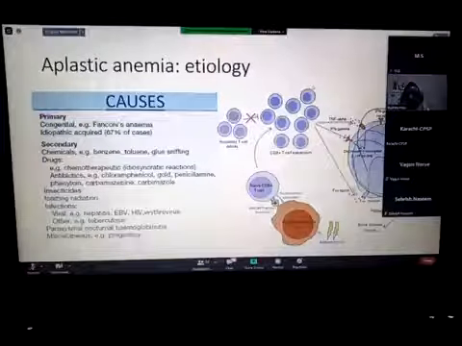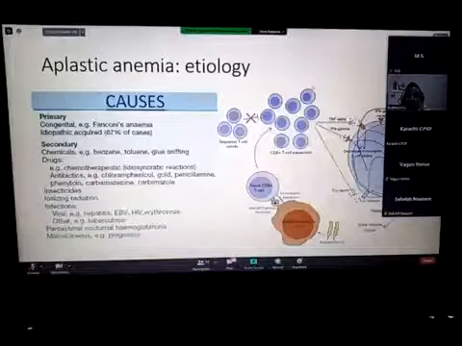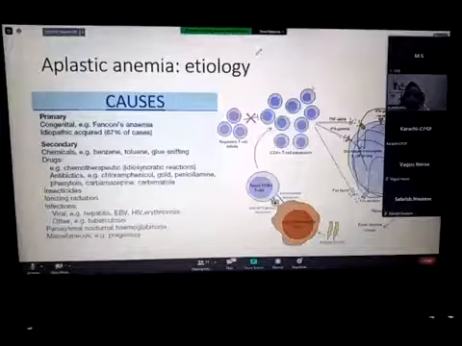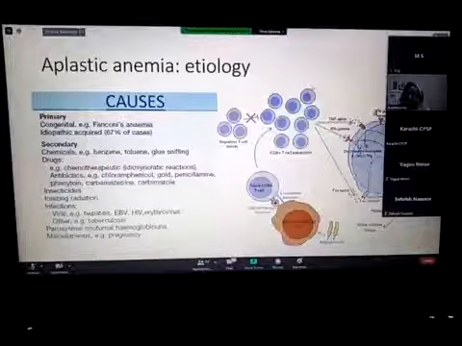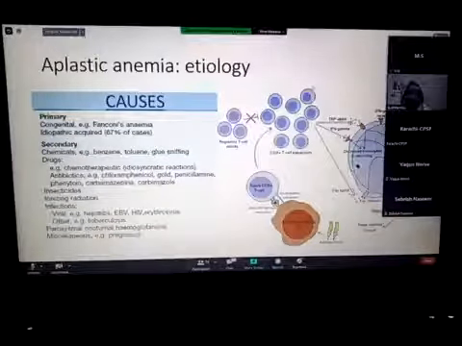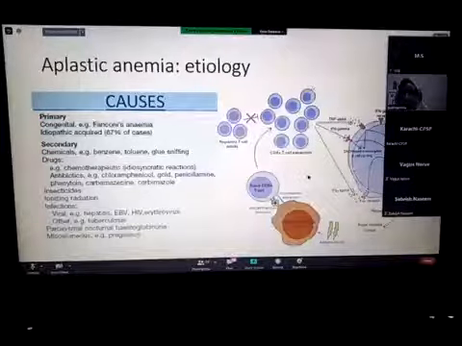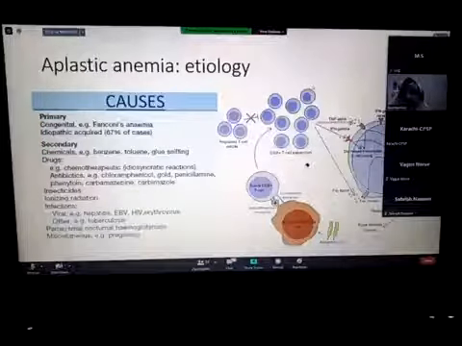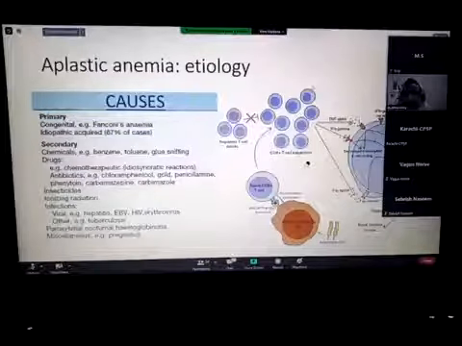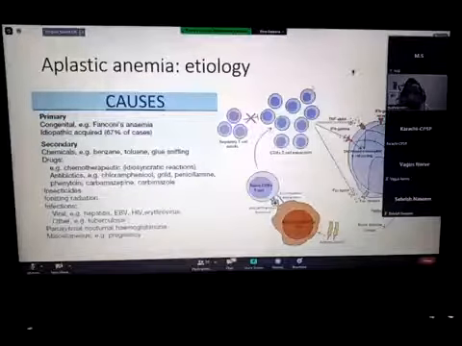Mainly it is the myeloid stem cell that is destroyed. That means lymphoid cells and plasma cells are formed, but it is the myeloid stem cell that declines. This myeloid stem cell is responsible for the production of not only the myeloid cells, but also platelets and red cells. Therefore, everything goes down here.